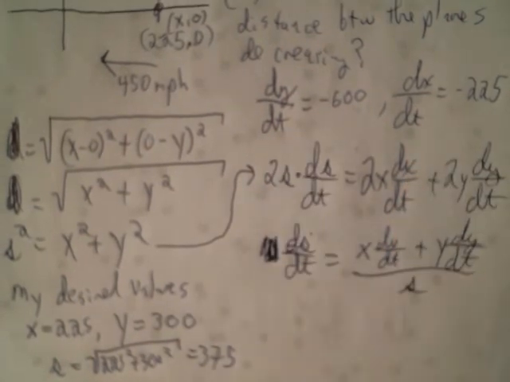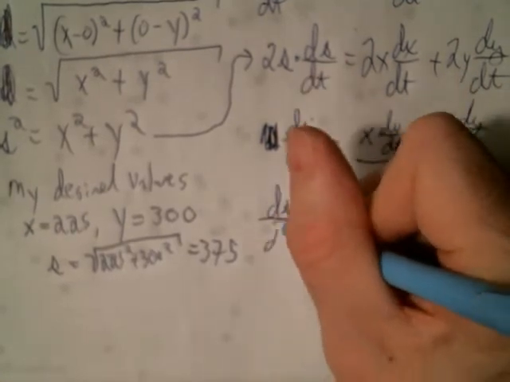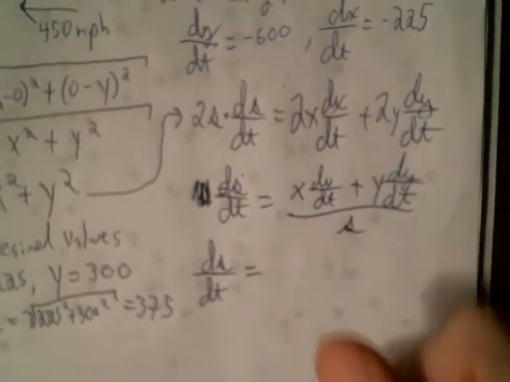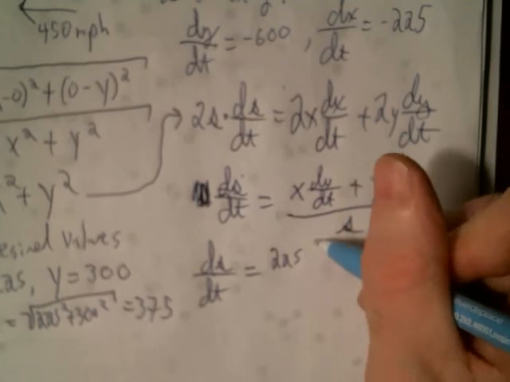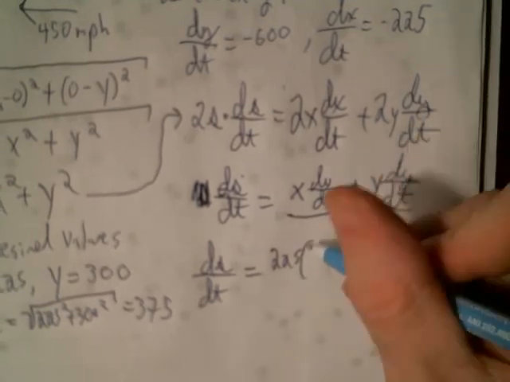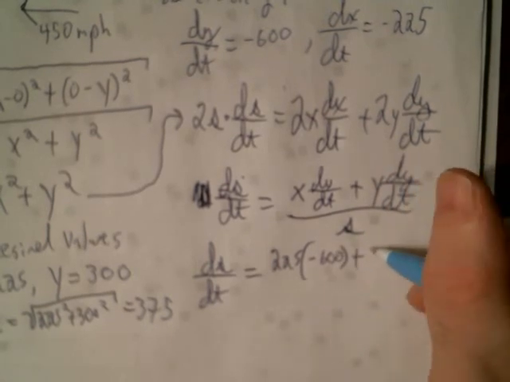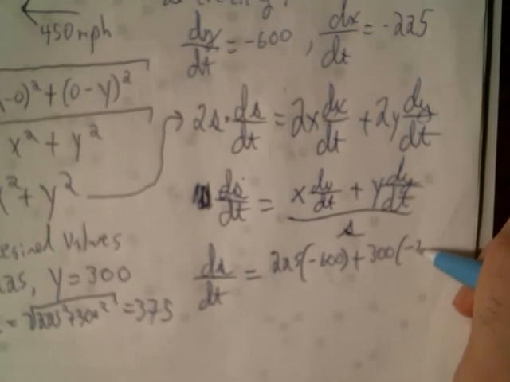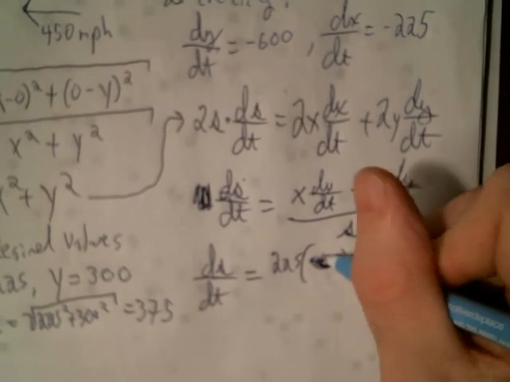So I can put those into this equation. And so the rate of change of the distance between the planes at that particular moment is going to be 225 times negative 600 plus 300 times negative, whoops, I accidentally put the rate of change of the other guy.